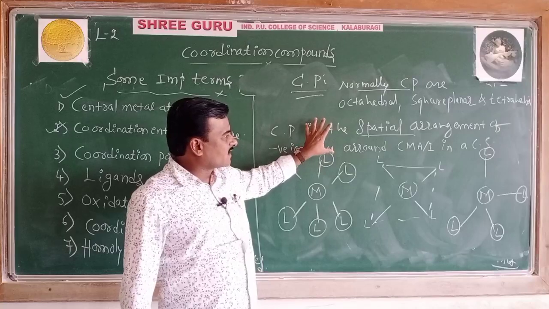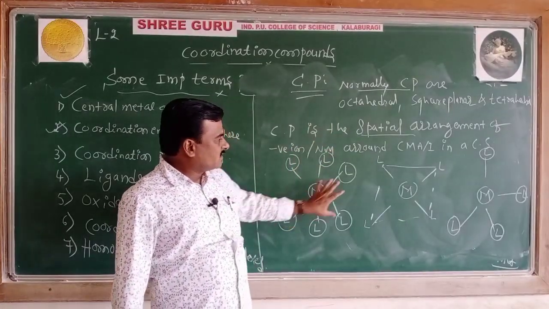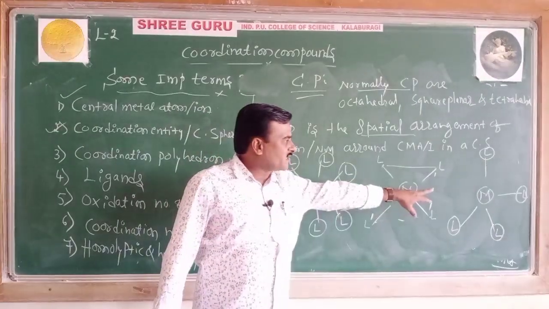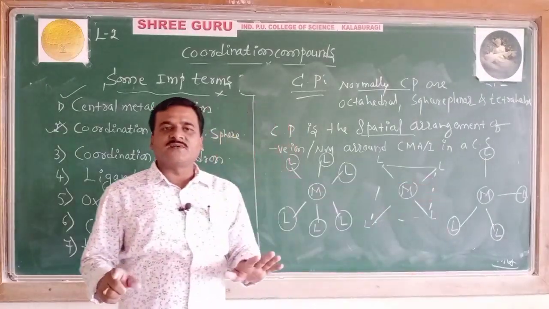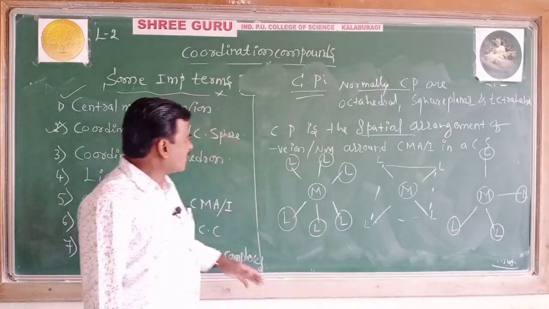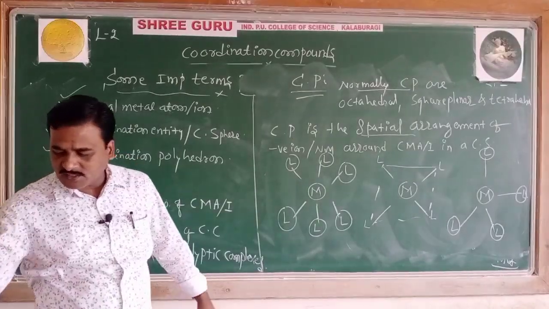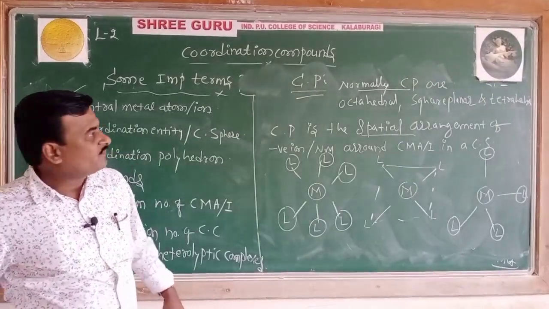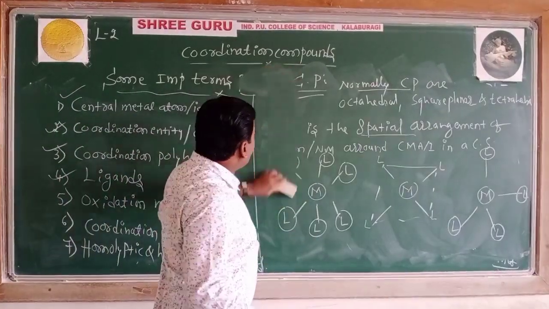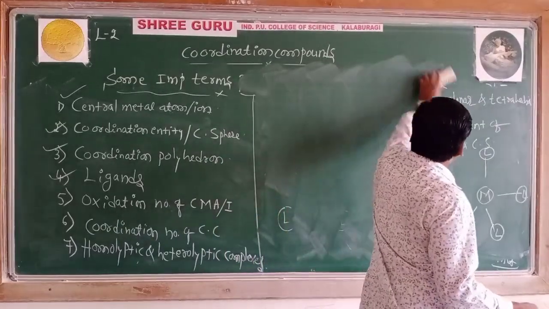This is an octahedral arrangement, this is a square planar arrangement, and that one is a tetrahedral arrangement of the normal coordination polyhedrons. Now let's go to the fourth and important term, which is ligands. I hope you followed this.